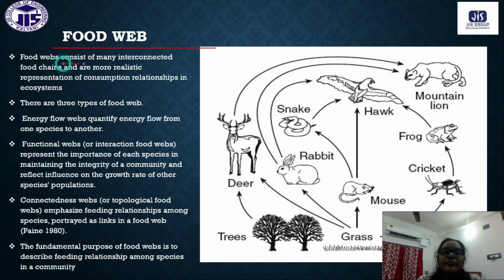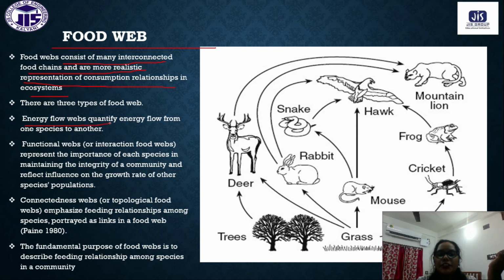A food web consists of many interconnected food chains and is a more realistic representation of consumption relationships in an ecosystem.